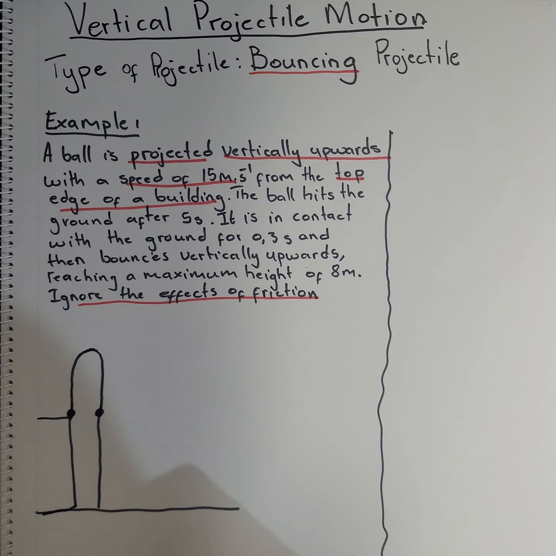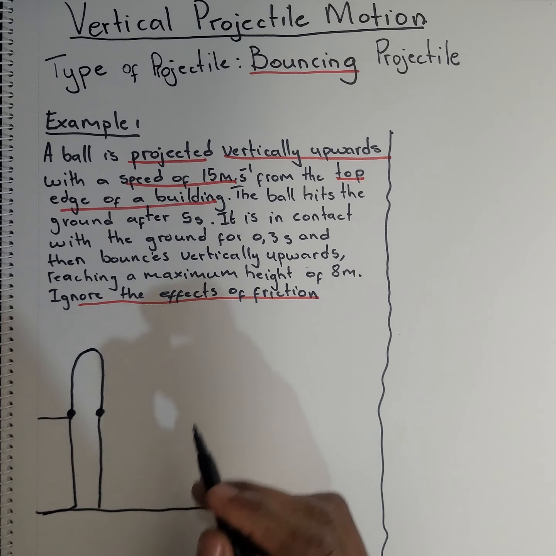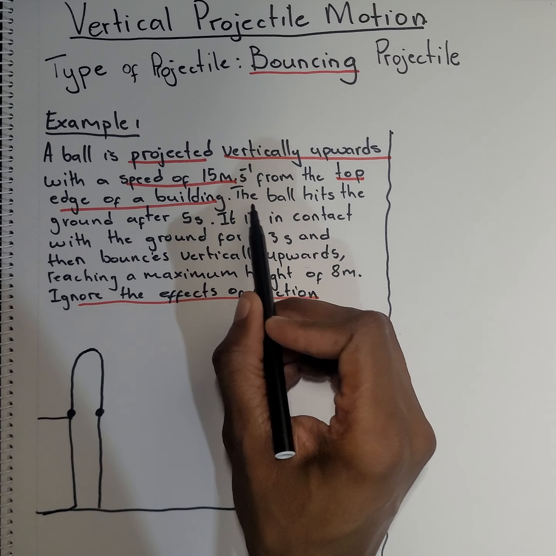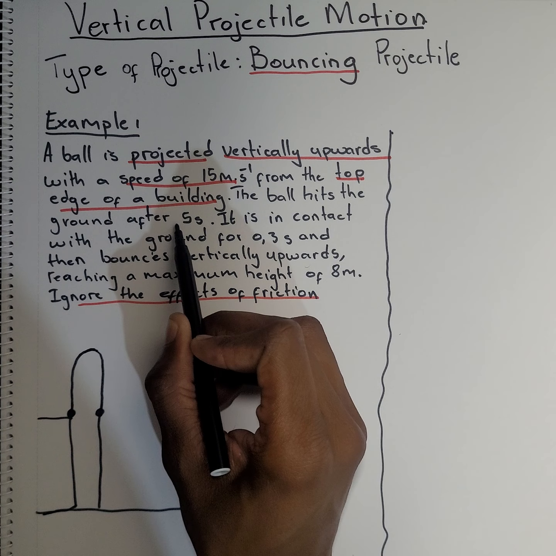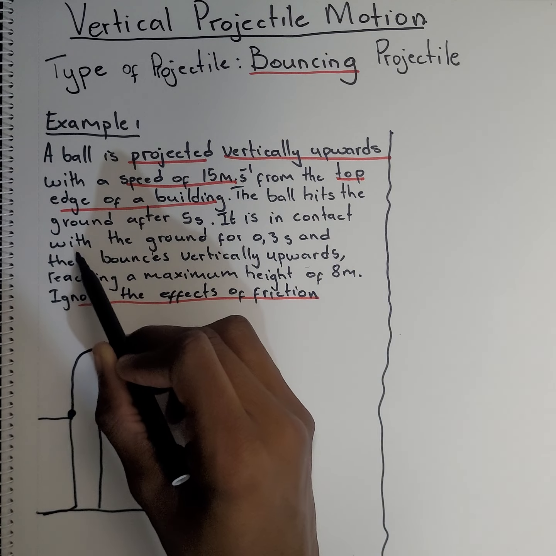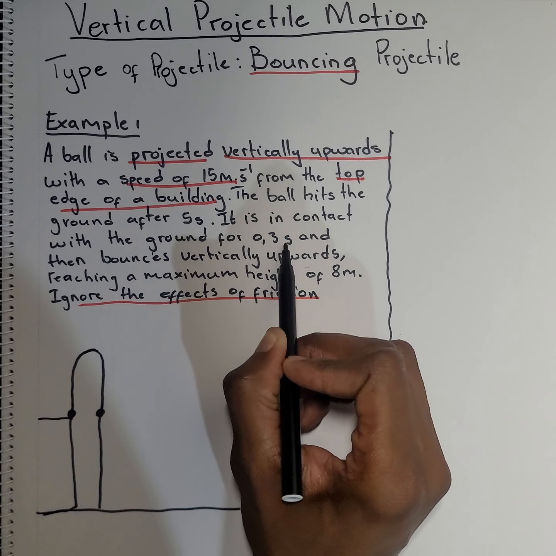This is similar to the type of motion in our previous video. But what is interesting about this one is that the ball hits the ground after 5 seconds and is in contact with the ground for 0.3 seconds.